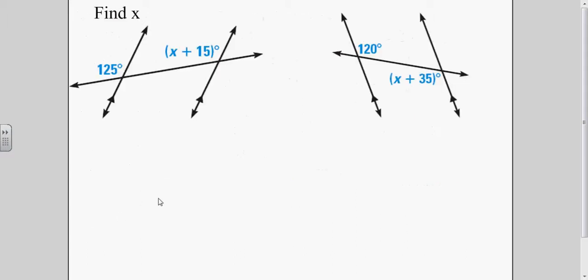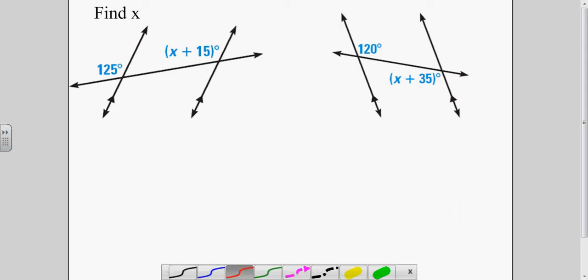So if I was trying to solve for x here, I would use the fact that now I know these two lines are parallel. You see those two arrows. So then I know that I can conclude that either my angles are going to be congruent or supplementary. So I just need to figure out what kind these are. This angle right here is corresponding to this one right here.